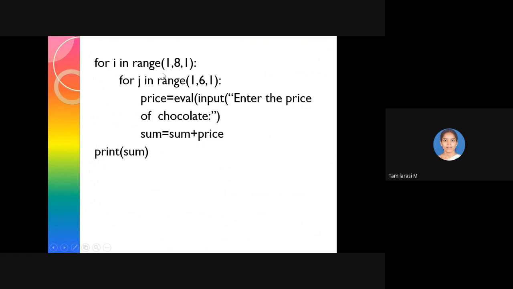This range function will give you a collection of elements. From this collection, it will take each element and do the process inside the block. Again, it takes the second element. Range means it will give you the collection of numbers from the starting index to the ending index.